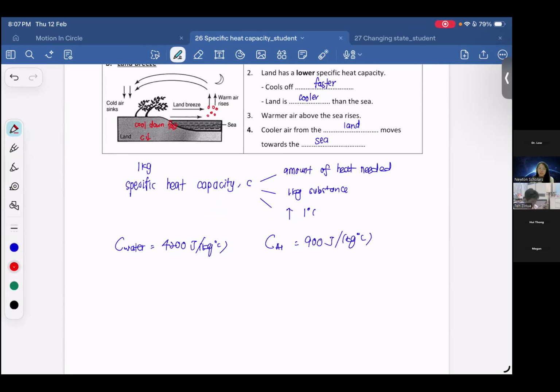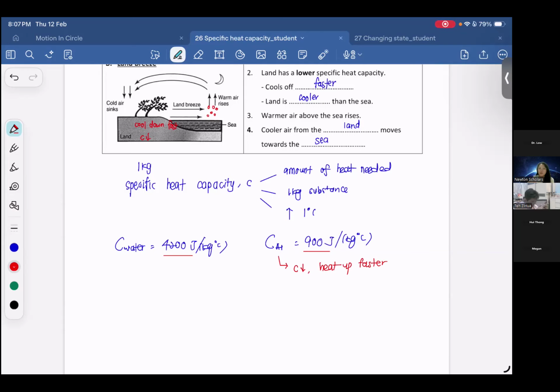It means that water needs 4,200 joule to increase 1 kg of water by 1 degree Celsius, compared to aluminium which only needs 900 joule. So aluminium has a smaller c, and it can be heated up faster. Every 900 joule of heat, it can increase 1 degree Celsius.